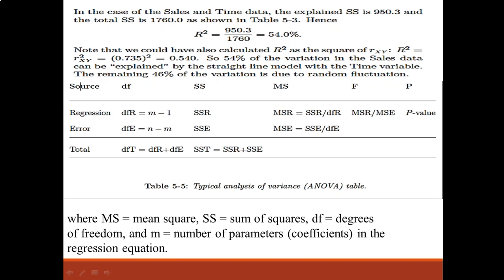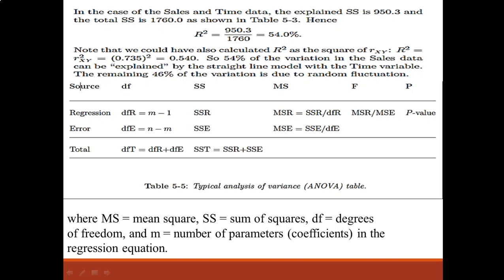Note that we could have also calculated R square as the square of r xy, the coefficient of correlation, which we found before, which is 0.735 squared, equal to 54%.